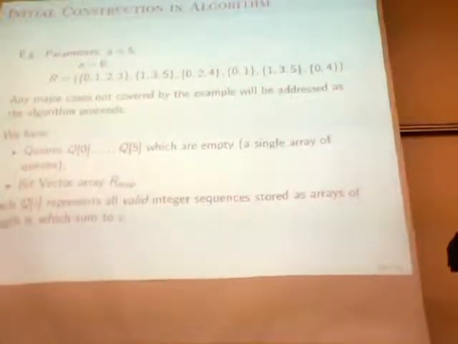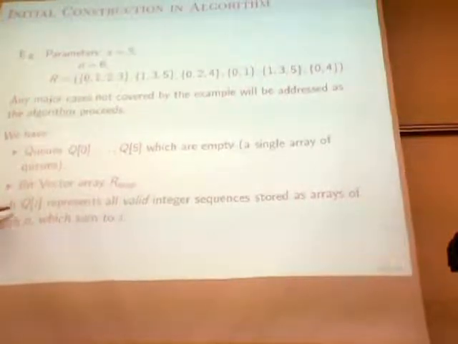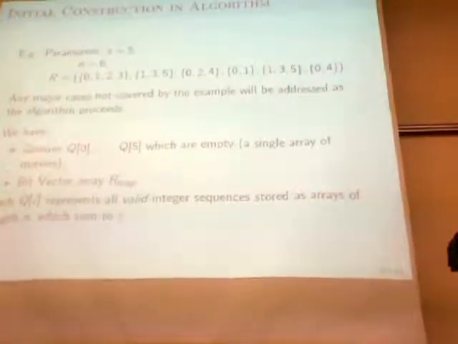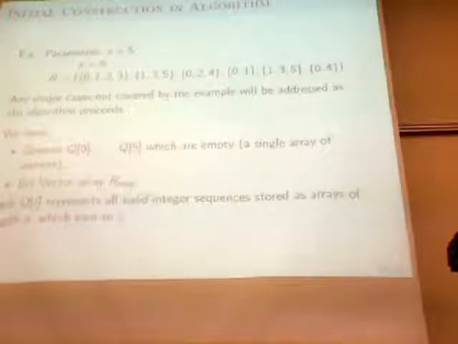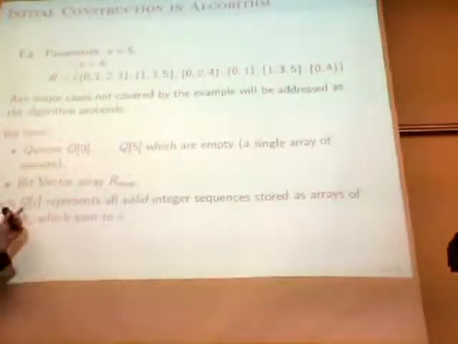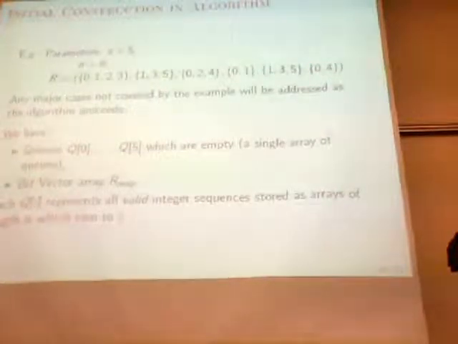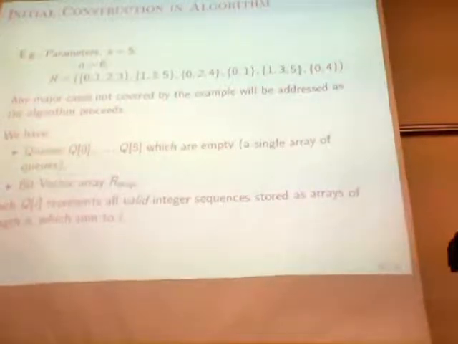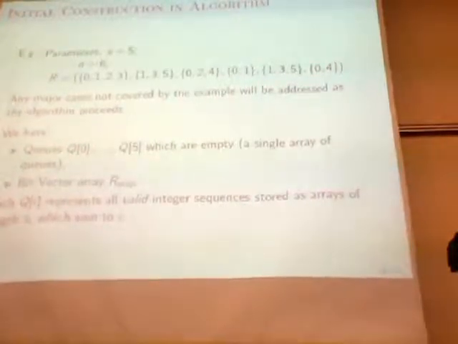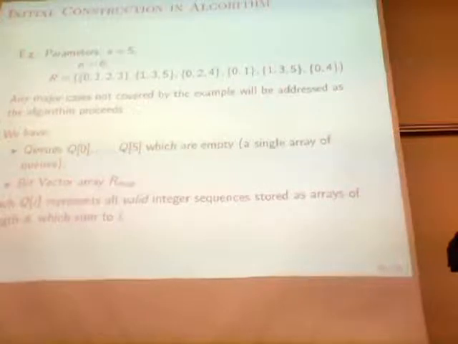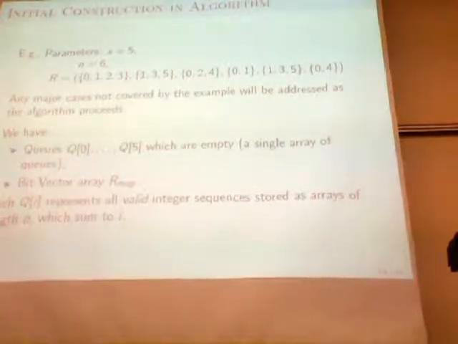The key thing I want you to remember, though, is that each queue represents the sequences that add to a particular number. Say, for example, Q sub i, or maybe Q sub 3. This is just an array of queues. If a sequence is in Q sub 3, that means it adds to 3.